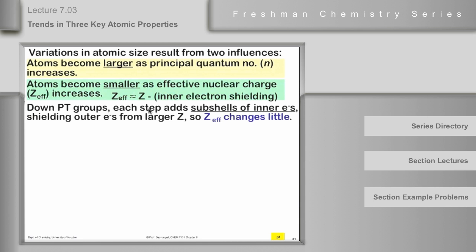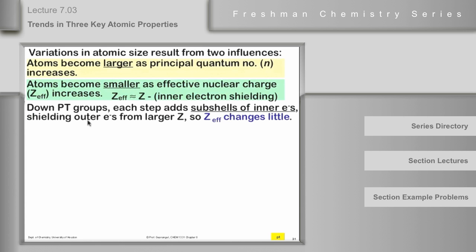Well, let's look at this and see if we can figure it out in terms of trends. That's what I'd like to do, trends. Down a periodic table group, each step, of course, adds a new shell. Now, there are variations in that, as we saw starting at the 4th period. It not only added a shell, it added part of the previous shell, 4s, 3d. Okay? Each step adds subshells of inner electrons then. That's a fair statement.